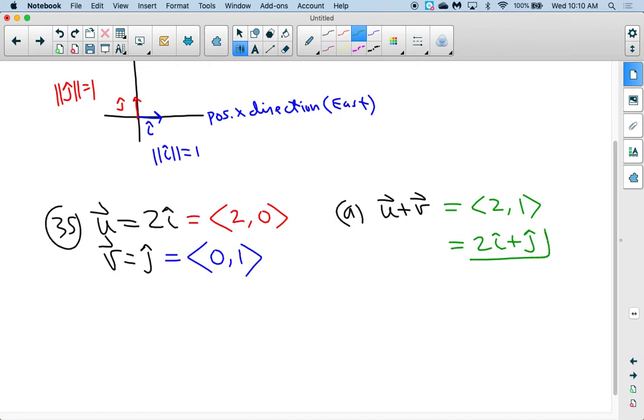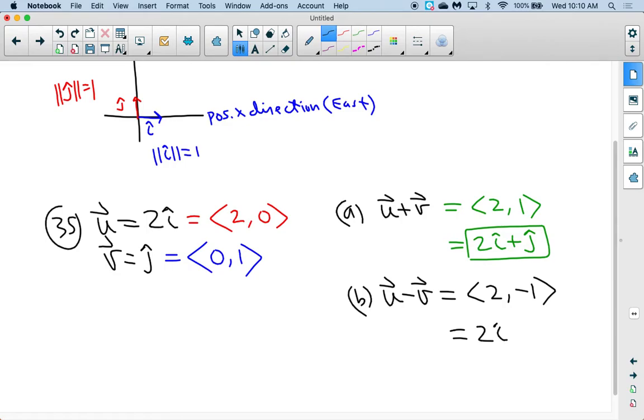Since the original vectors were given in the standard unit vector form, you really should do your answer in the standard unit vector form. B, u minus v would be equal to what? 2 minus 0, 0 minus 1. So that would be equal to 2i minus j.